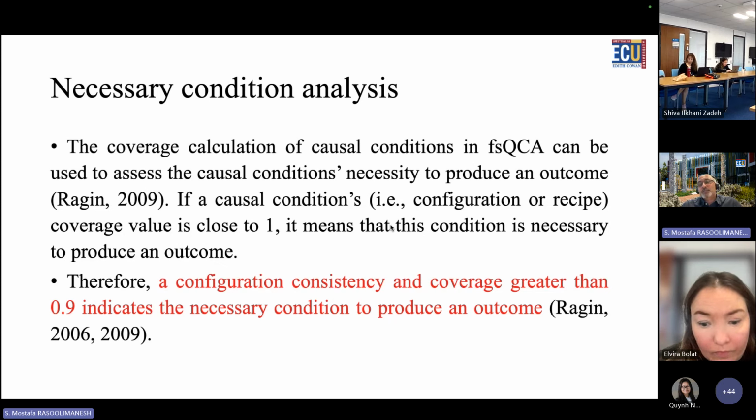When I shared the accepted version of the paper, I received an email from John Doll, and he explained to me that in that paper I had mentioned this is FSQCA analysis and this is NCA analysis, necessary condition analysis.